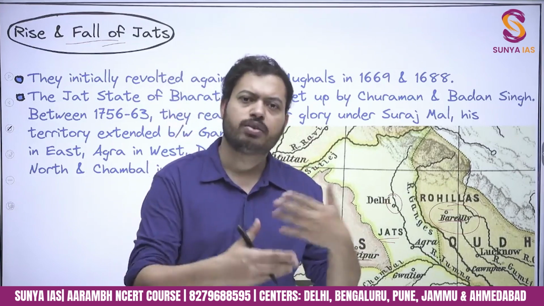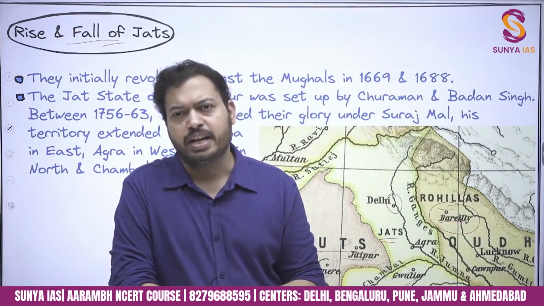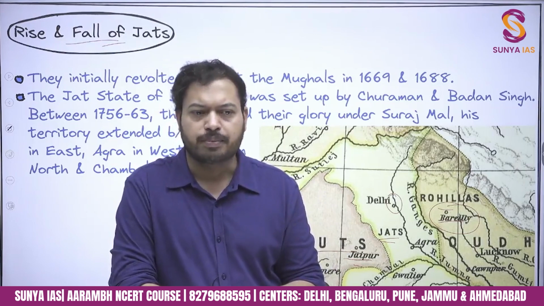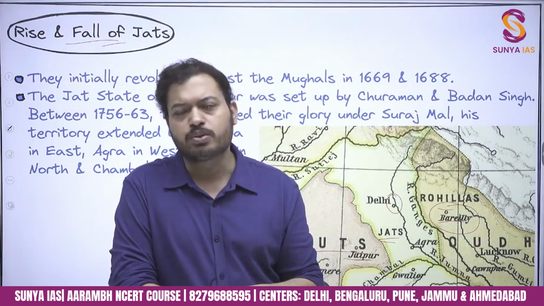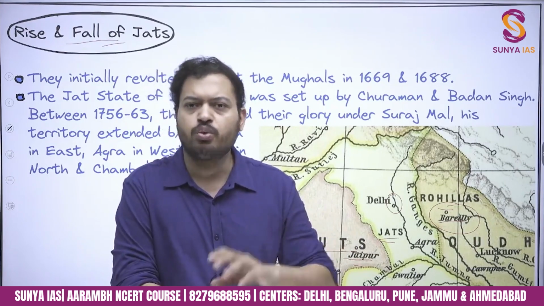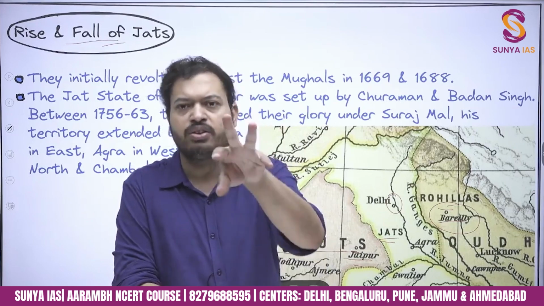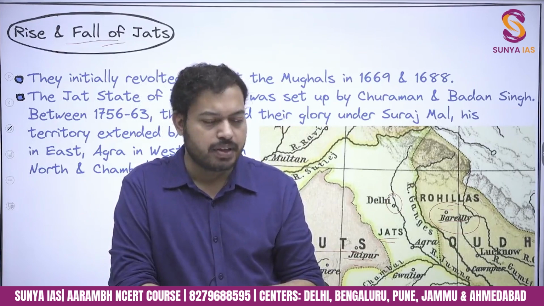So these kind of uprisings of the Jats, because Jats were basically 95% agriculturist, all of them were. So you will see that in these difficult times only, in 1690, when Aurangzeb was nowhere around in Delhi, was stationed in Aurangabad, in Deccan, handling the Maratha crisis.